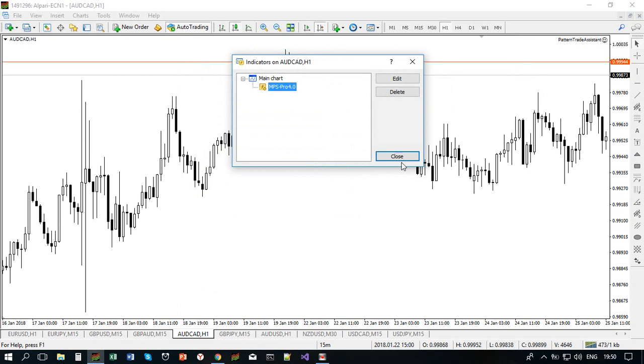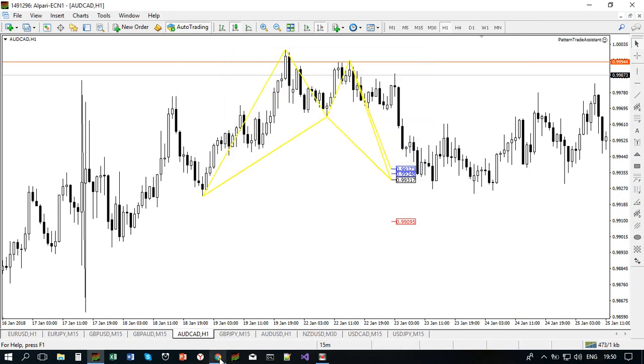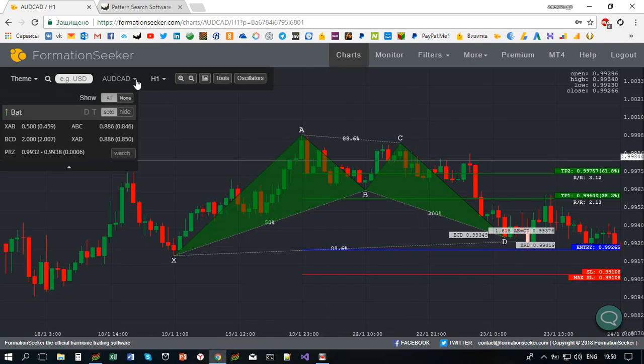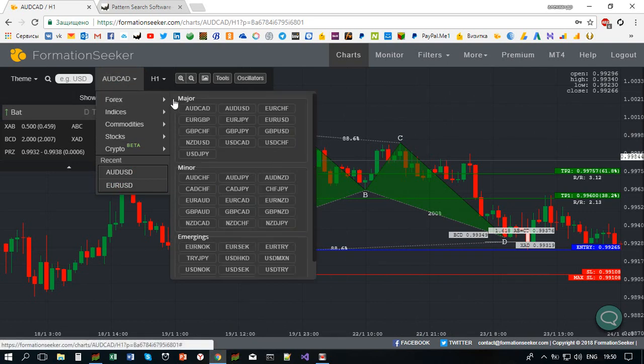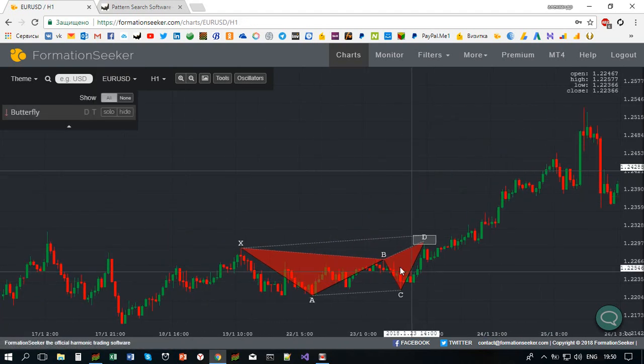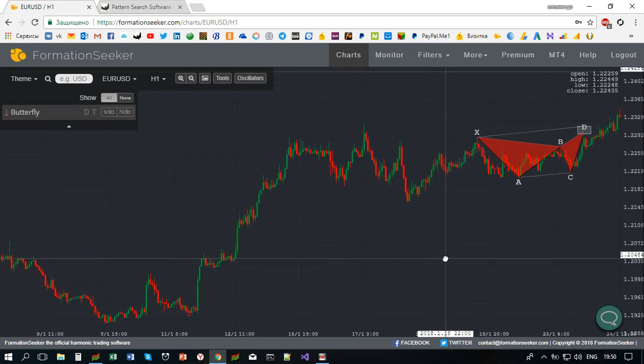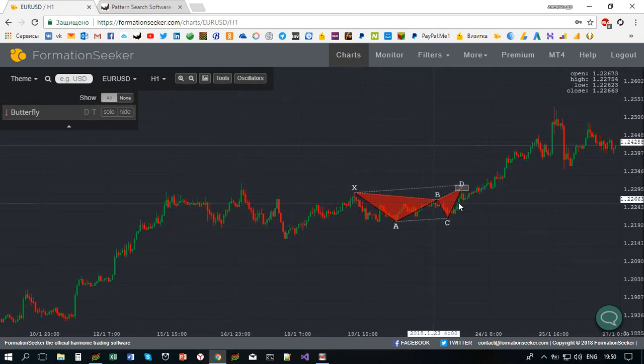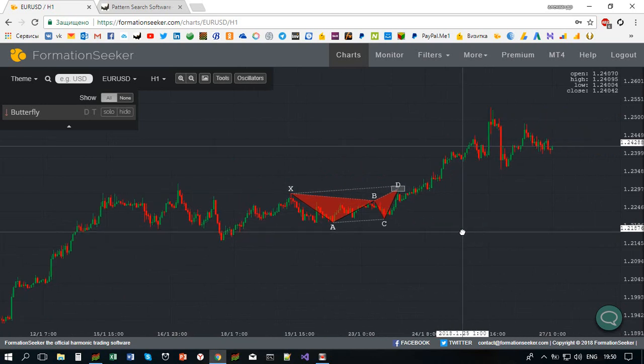Okay, if you're still not convinced, let's find something else. What other pairs do we have? Forex. What is the most common one? Euro dollar. Oh, we have this butterfly, and it is a losing butterfly. Looks like a large butterfly, I suppose.